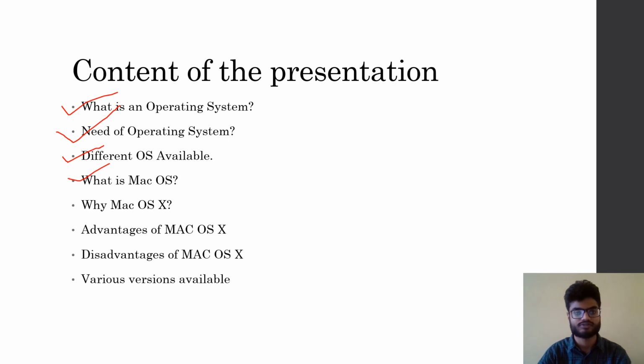And then we will see one of its derivatives, which is Mac OS X. And then we will see its advantages, disadvantages, and the updates they have given, in the form of various versions, to rectify those disadvantages.